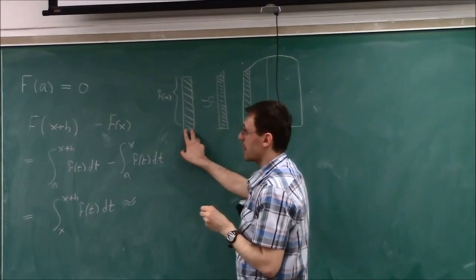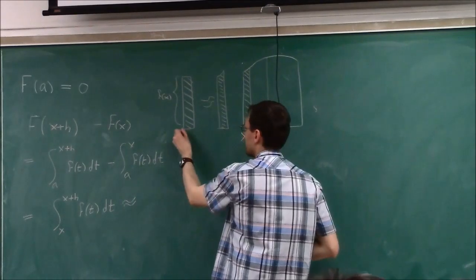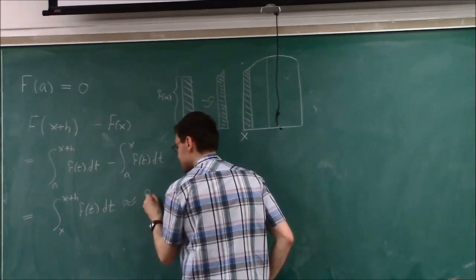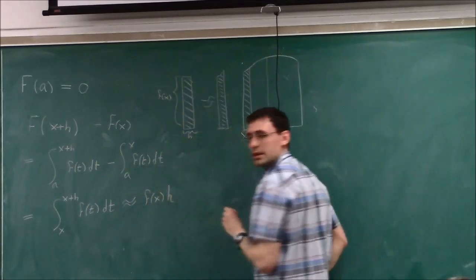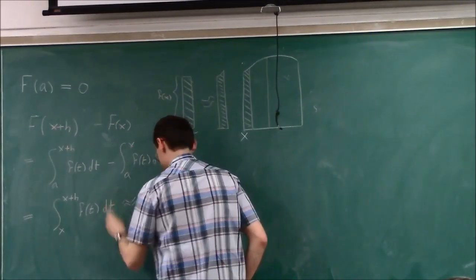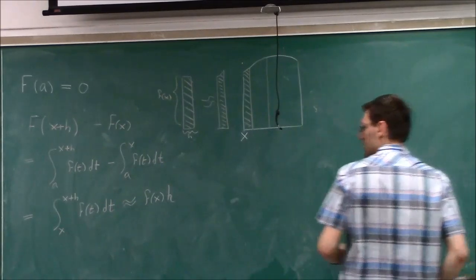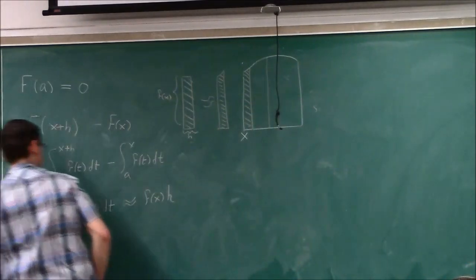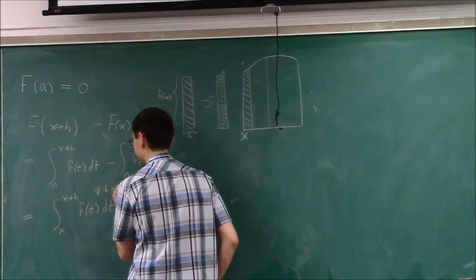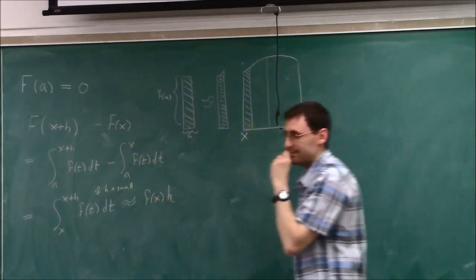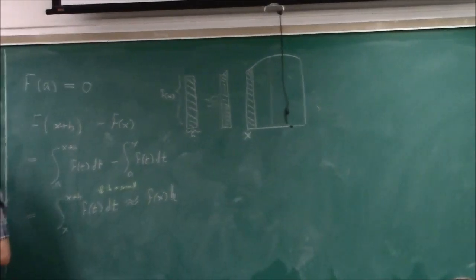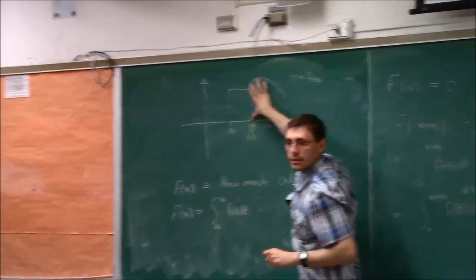The width, this is from x to x plus h, so the width here is h. So this is essentially the same as f of x times h, and that's if h is small. Do you see that? So this region is essentially a rectangular region whose height is f of x. Okay?